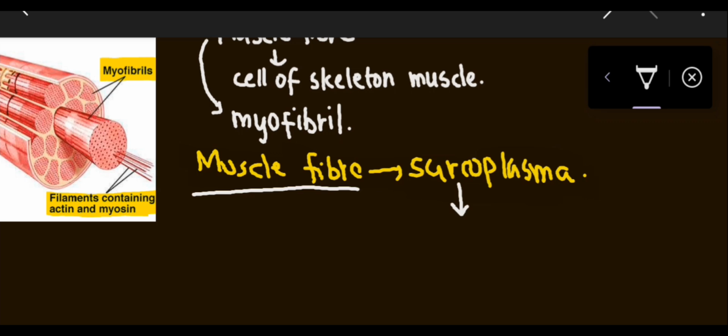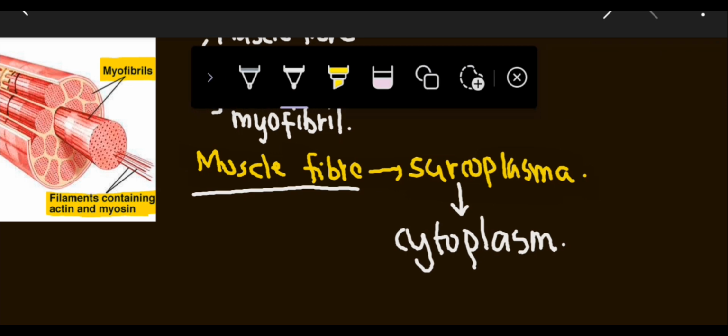So this muscle fiber is surrounded by a membrane which is the same as plasma membrane, and inside it the cytoplasm or fluid is present.